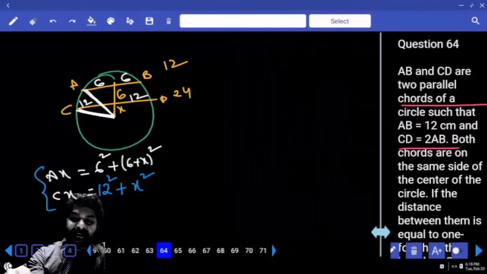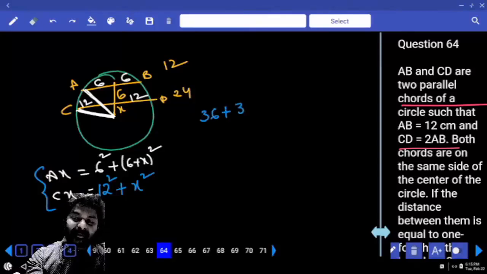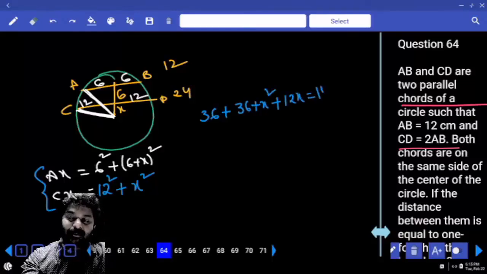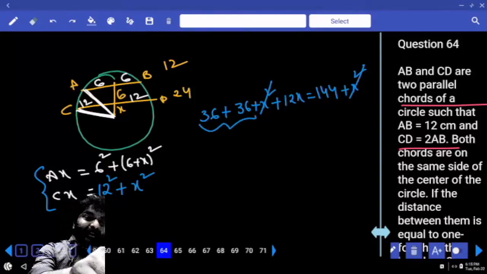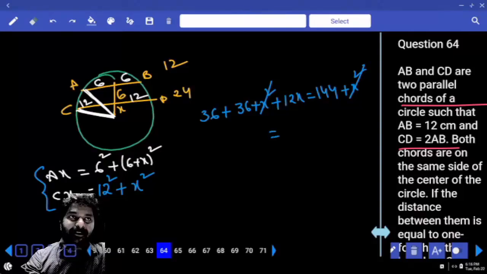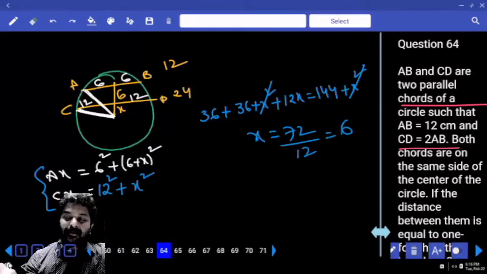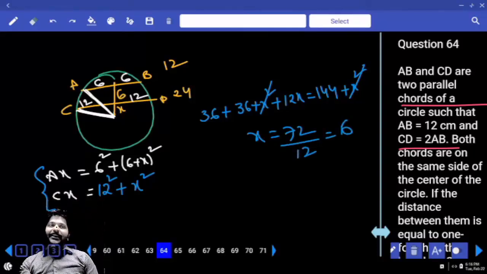Now take that. 6 square 36 plus 36 plus x square plus 12x must be equal to 12 square 144 plus x square. X square cancel, correct? How much is this? 72 goes to right hand side. 144 minus 72, 72. 12x is equal to 72. X is equal to 6. But you are not asked to calculate x value.